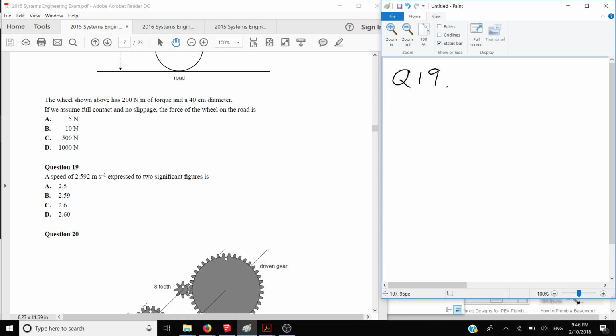And if you want to express it as two significant figures, there's two options here that have only two figures. So they're a good place to start, right? Now, why you would pick 2.6 over 2.5 is because if you're going to express something in a different way, you need to round it, right? So this expressed as two significant figures becomes 2.6.